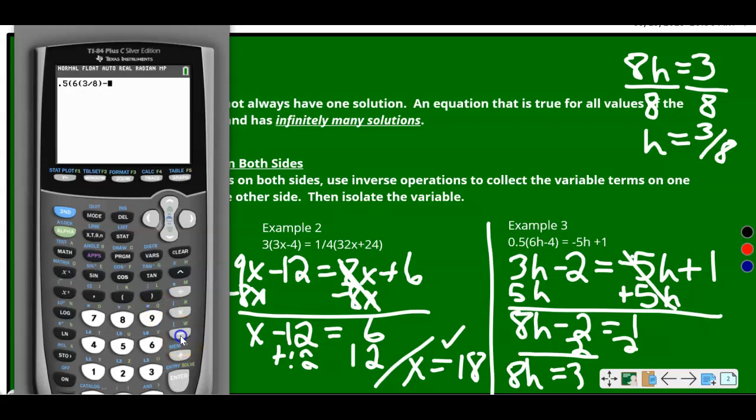And then minus 4. And I have to close that other parentheses too to ensure that it all gets multiplied by the 0.5 here. So hit enter. And that's the left side. So let's do the right side. So -5 times 3/8.